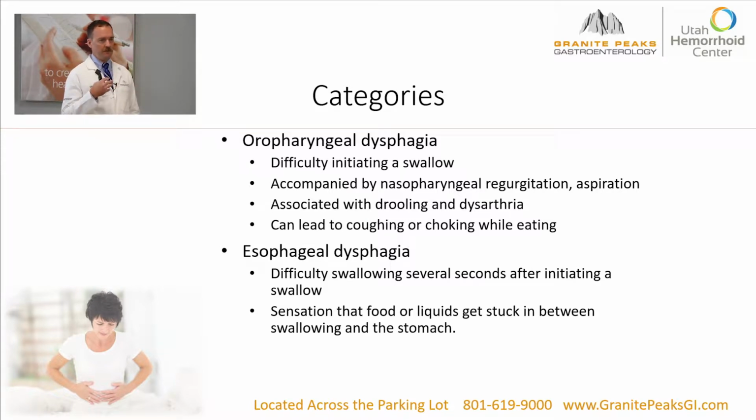So when you go to swallow, what might happen is, for example, if you're swallowing liquids, some of those liquids may actually feel like they go upstream. They go up into your nose, or you may get the sensation where you're coughing, where it's going down the wrong pipe. And so that can be an issue with what's called oropharyngeal dysphagia.